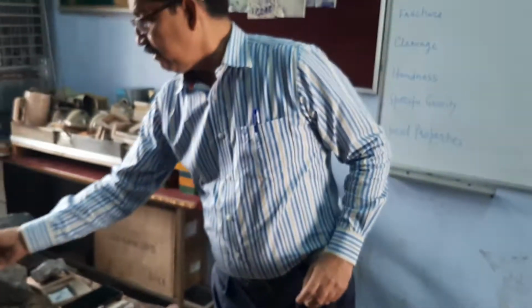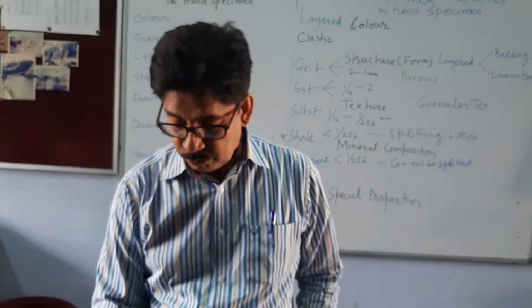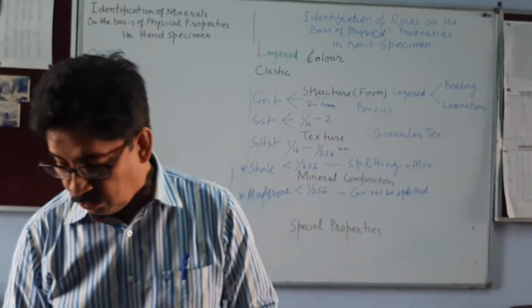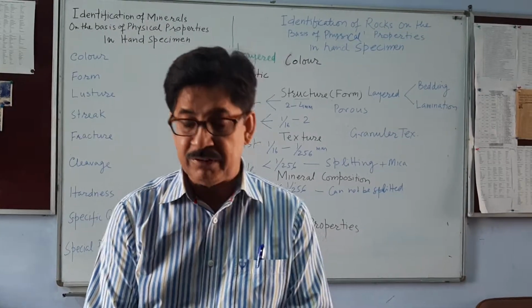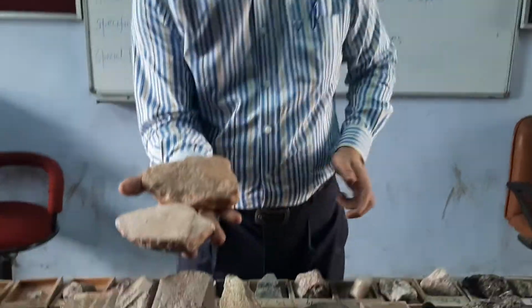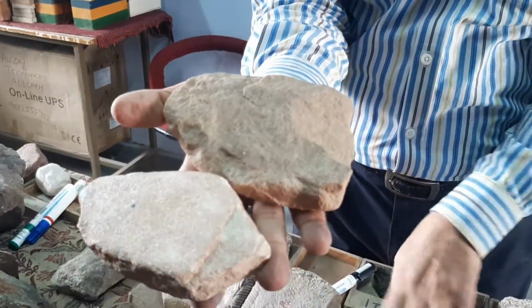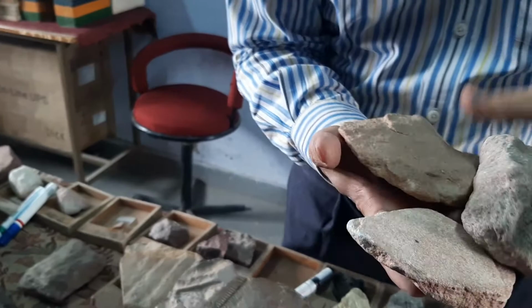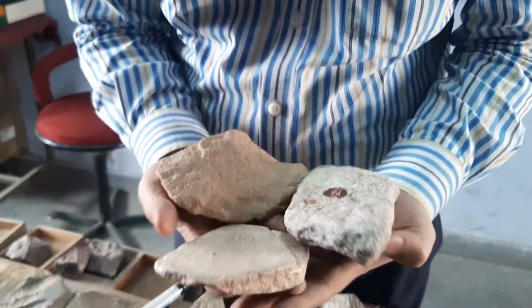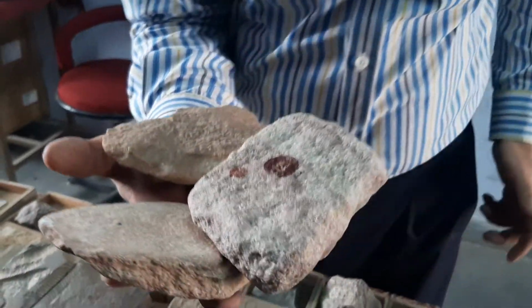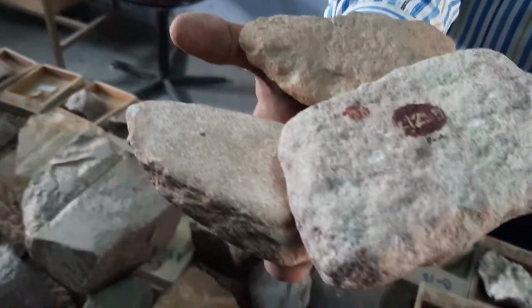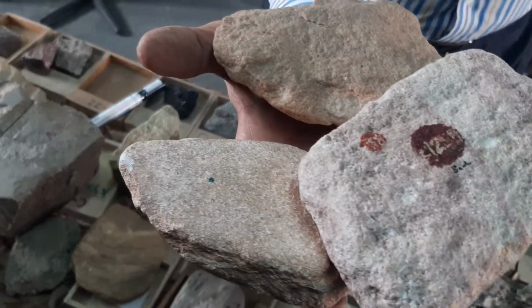Then we have a very big group of rocks which are together termed sandstones. So I will show you different sandstones. You can see here we have different sandstones with different colors. In my hand I can show you more sandstones.